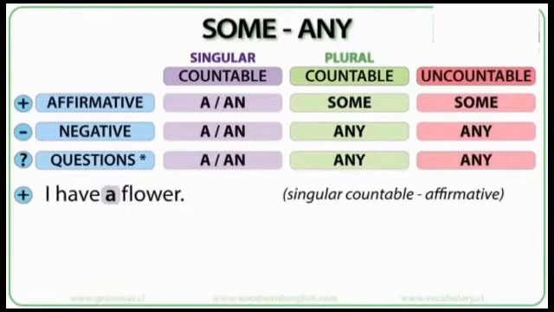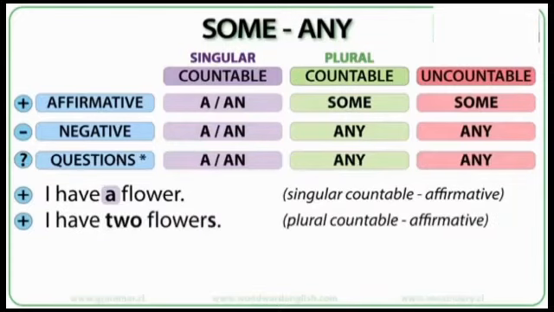It's an affirmative sentence, and we use a because the word flower starts with a consonant sound. The next one: I have two flowers. Flowers is a plural countable noun.